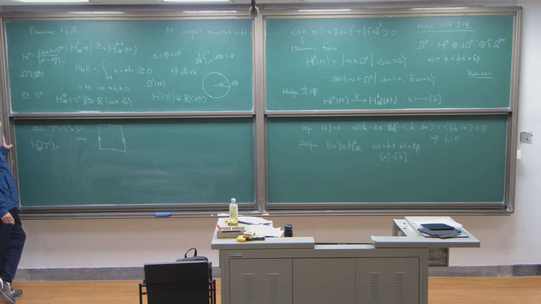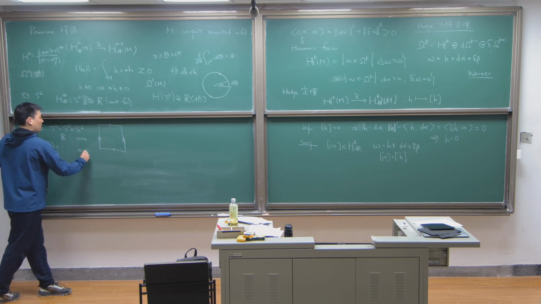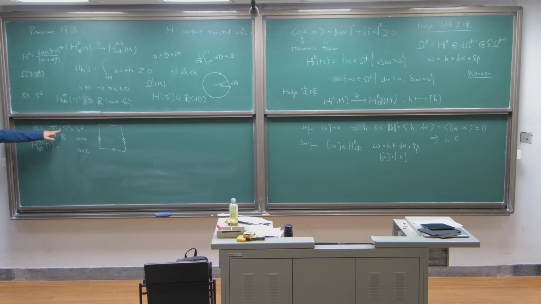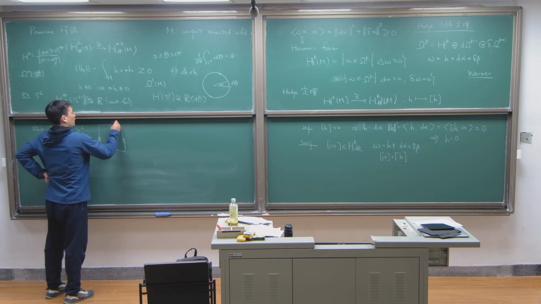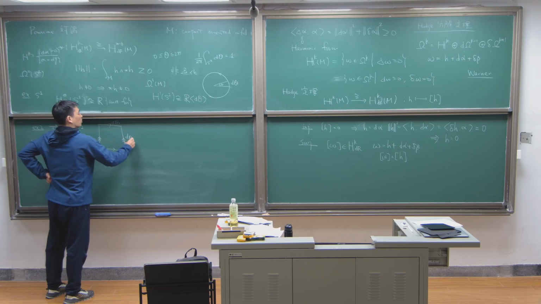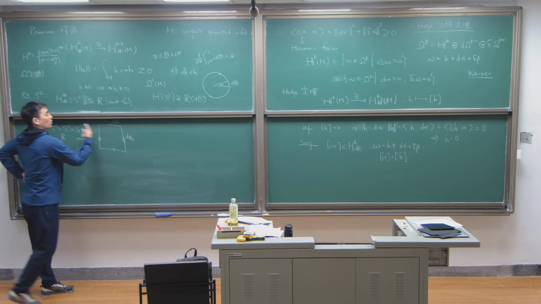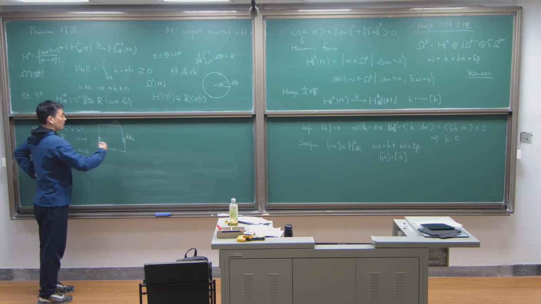It is again a constant function. Constant function is the representative. n equal to 1, it's just the product of S1 plus S1. So therefore, there are two, d theta 1 and d theta 2. So this is S1, you have an S1 and S1.